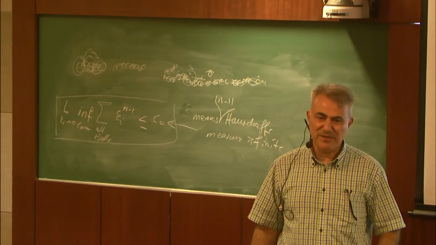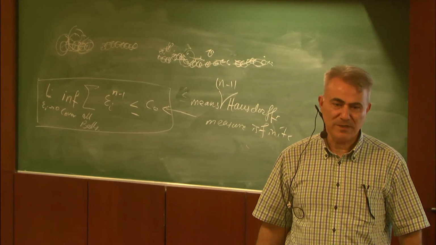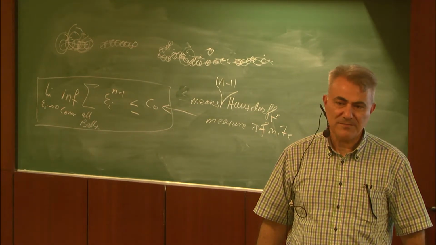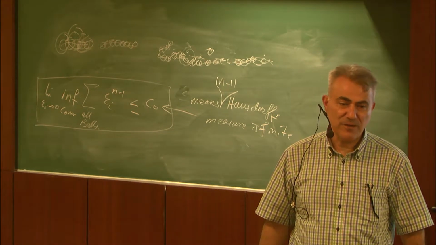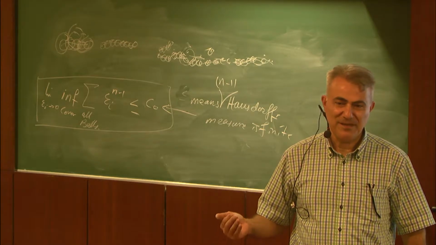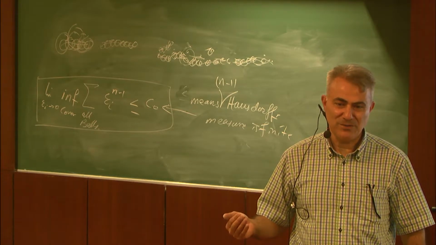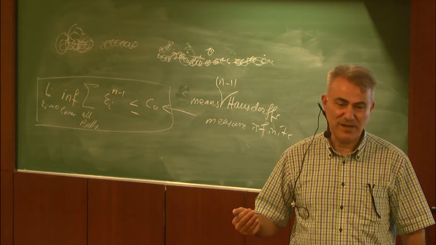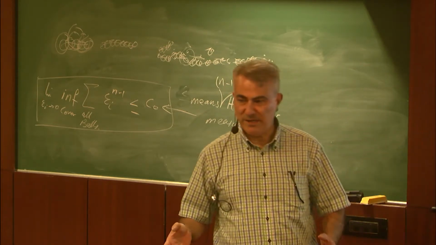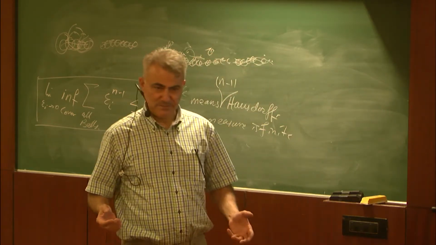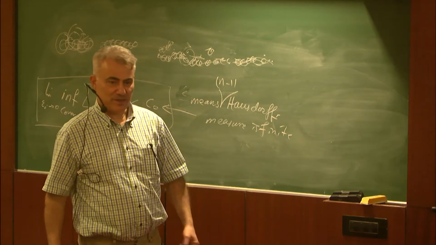So sets can be very nasty, and you want to work with them. And fractal dimensions, when you don't really have n or n minus 1 or n minus 2, things can be in between. That's called fractal dimension. And then fractal sets, and you want to work with them. And the question is what you can get.